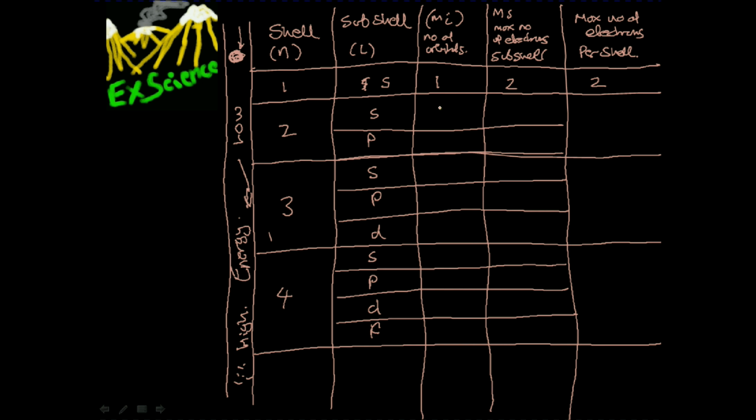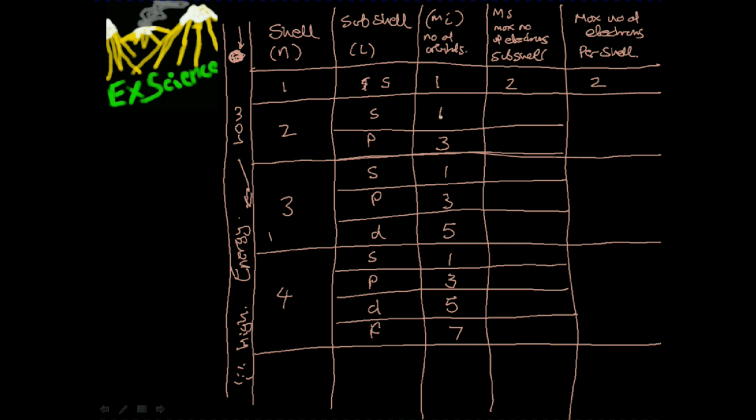So again, for all the S orbitals, we can have 1 orbital. So let's fill those in. For the P orbitals, we can have 3. Remember, 3. For the D orbitals, we can have 5. And for the F orbitals, we can have 7.